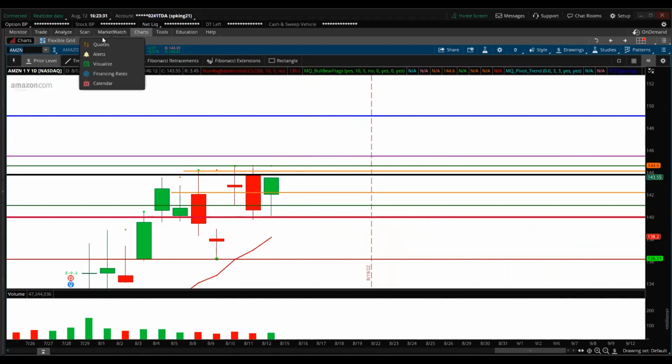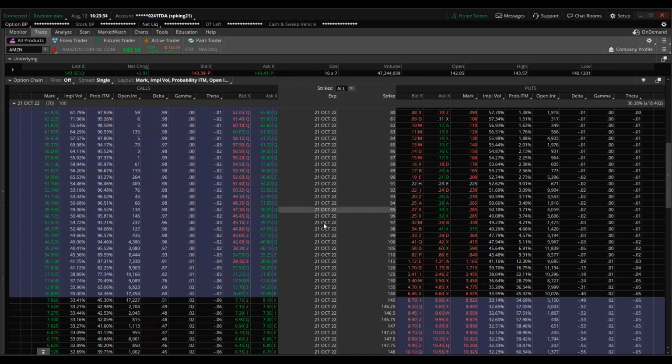So if we go back to the option chain, let's say we want to look at the 90 strike, or maybe we don't even have to go that deep. Let's say we wanted to go 100. So right now Amazon is trading at 143 and a half.